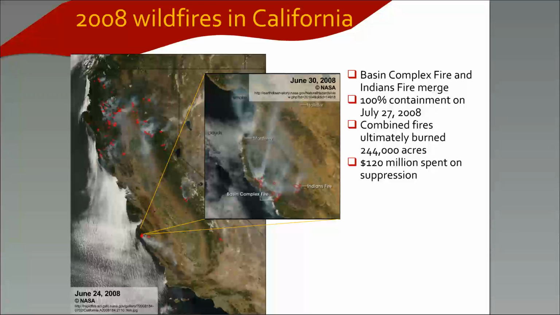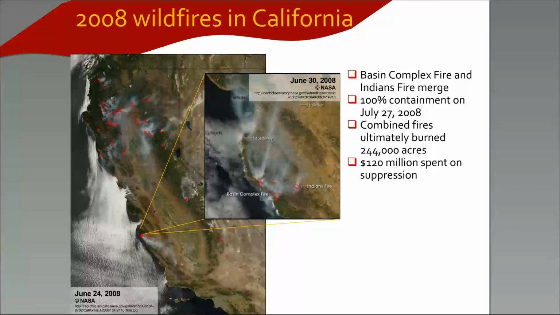So we're going to zoom in down in the Big Sur region where there were a few fires going on. One of them, the Indians fire, actually started prior to these storms, in the beginning of June. But then when the Basin Complex fire was sparked in the June 20th storms, it eventually merged with the Indian fire, and the two combined into a kind of super fire.